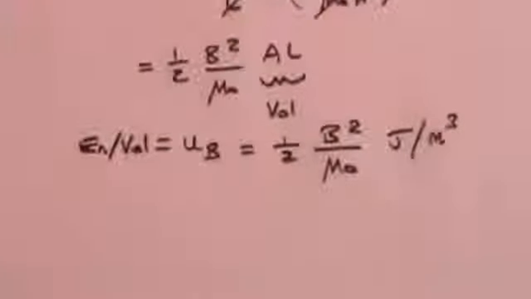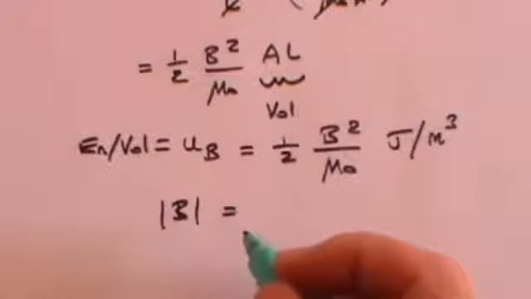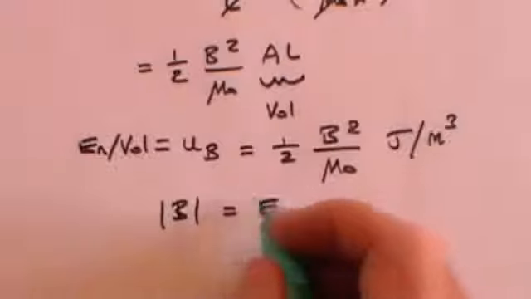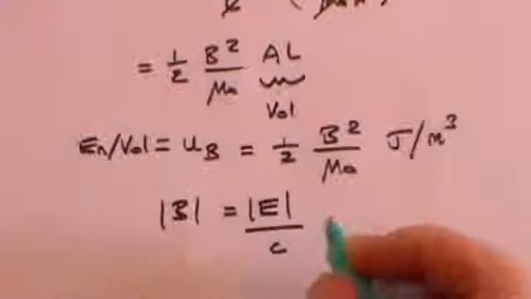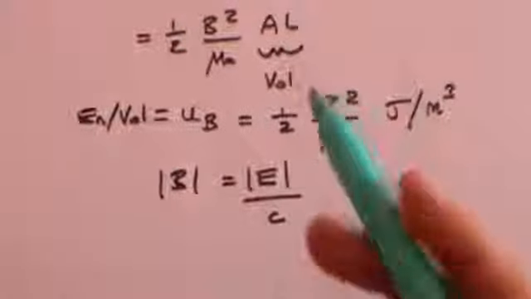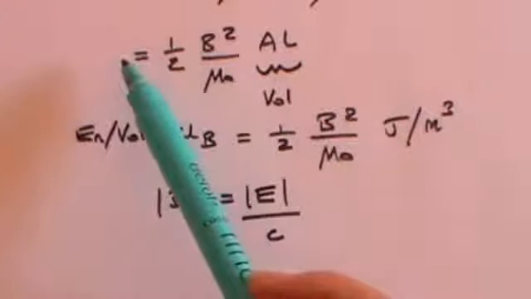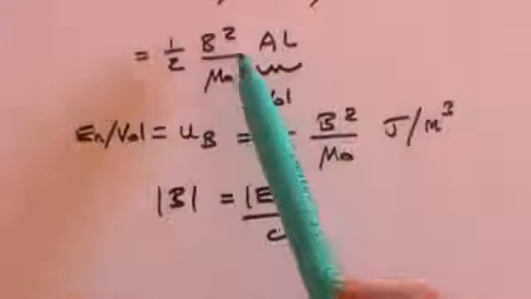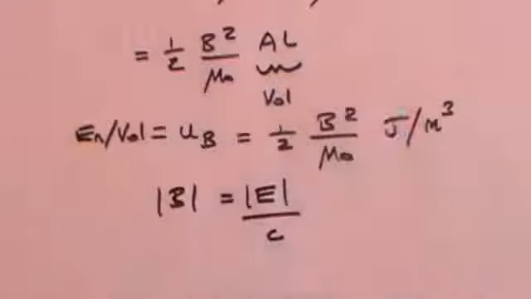Now, from the first video we did in this series, What is Light, we established that the magnitude of the magnetic field in electromagnetic radiation is equal to the magnitude of the electric field divided by c, the velocity of light. So now we can take the term we just established for the energy in the magnetic field, which is a half B squared over mu naught, and for B we can now write E over c.